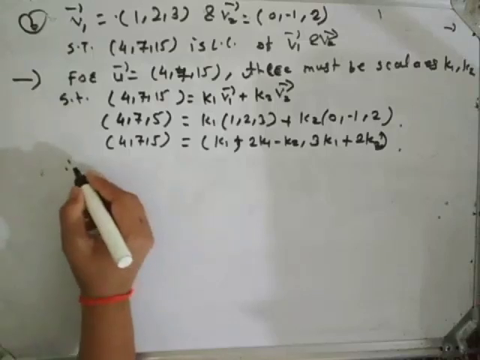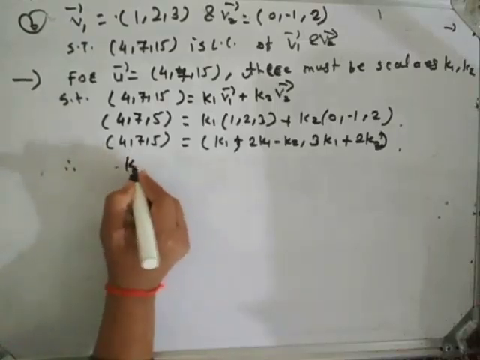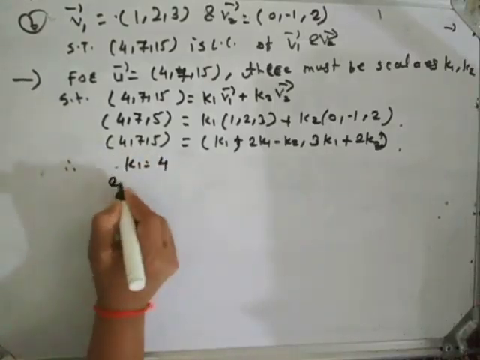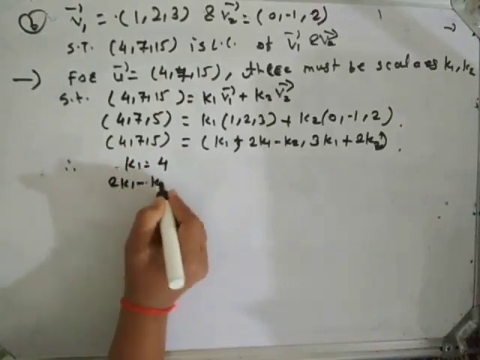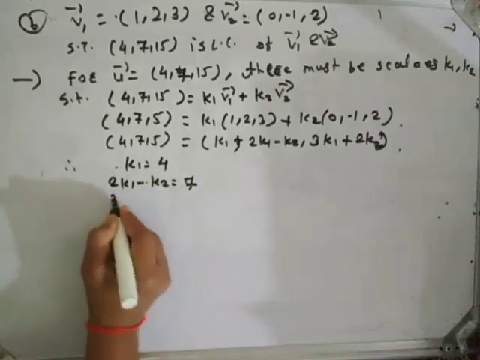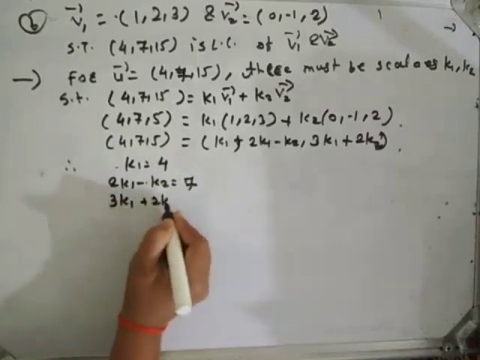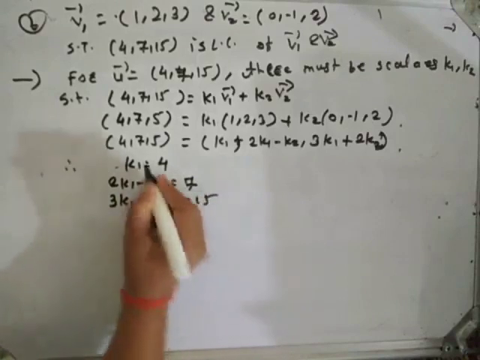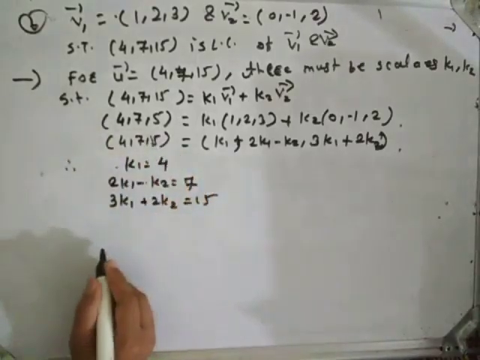So equating corresponding components, we get k1 is equal to 4, 2k1 minus k2 is equal to 7, 3k1 plus 2k2 is equal to 15. Sorry, here it is 15. Okay.